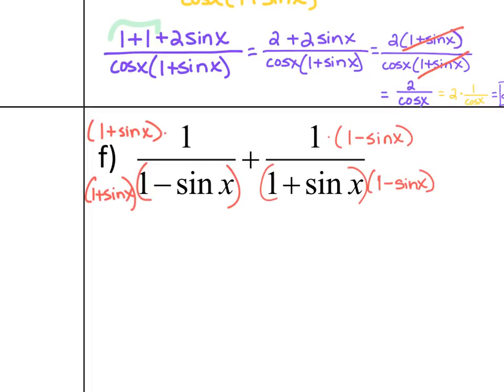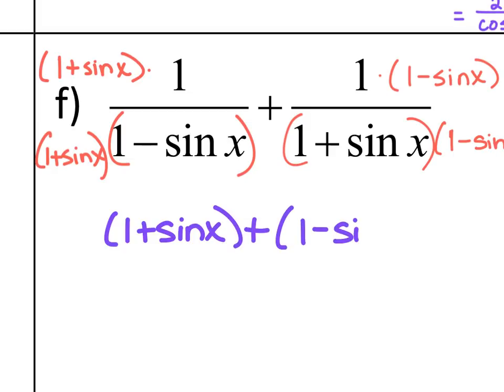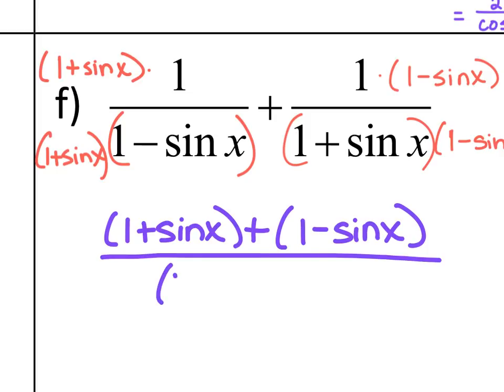And so my numerator is going to be 1 plus sine of x plus 1 minus sine of x, all over 1 plus sine of x times 1 minus sine of x.